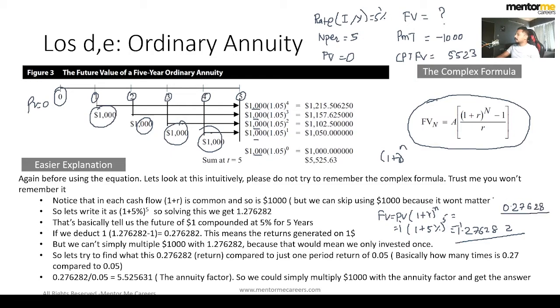And just divide this by the original rate, which is 0.05. If I divide this by 0.05, I will get how many times the compounding has happened. You will find that it has happened about 5.52 times, right? And then you can just multiply this 5.52 times with 1000 and you should get the answer.